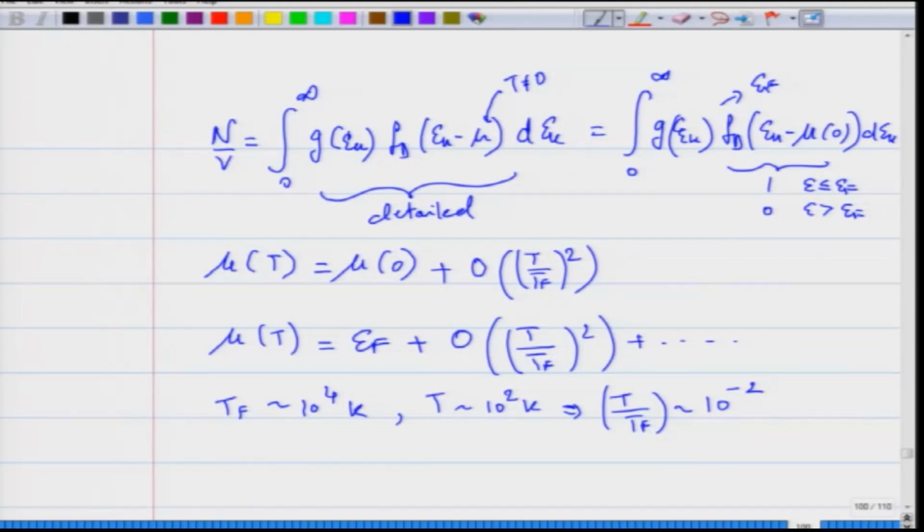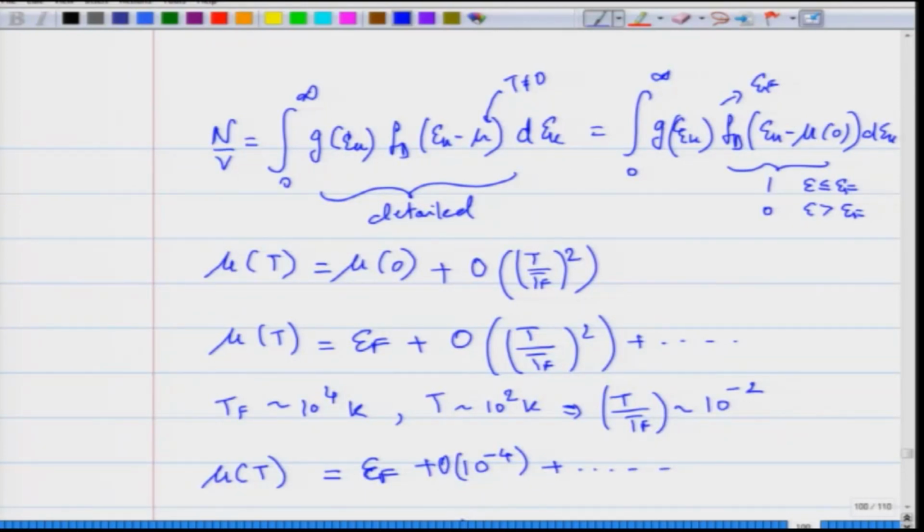But just the first correction to the chemical potential at a finite temperature is T by Tf the whole square, and therefore this term at a finite temperature is EF, the Fermi energy, which is the chemical potential at 0 temperature, plus a term which is of the order of 10 raised to minus 4, because it is T by Tf the whole square, and then you will have of course much smaller terms.